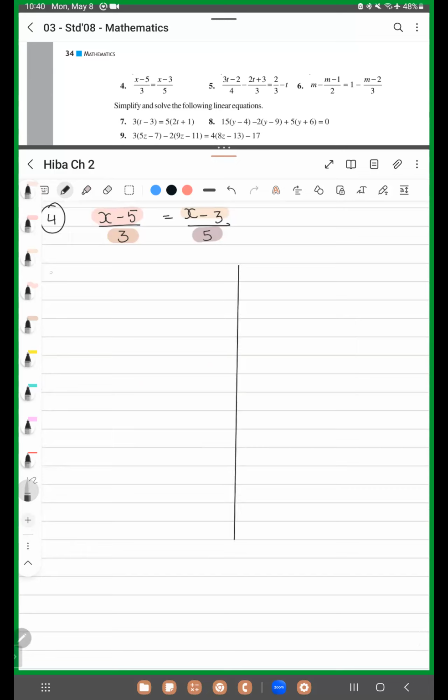X minus 5 by 3 minus x minus 3 by 5. अब आप चलो LCM निकालो. Equals what? Tell me that quickly. 15. Equals 0. राइट हैंड साइड में 0 आएगा ना.